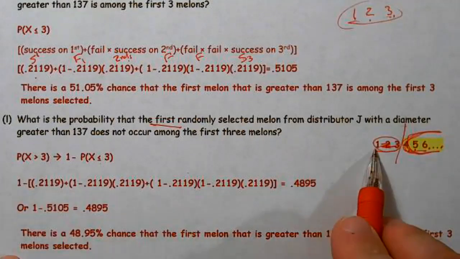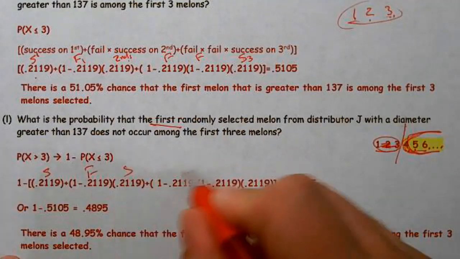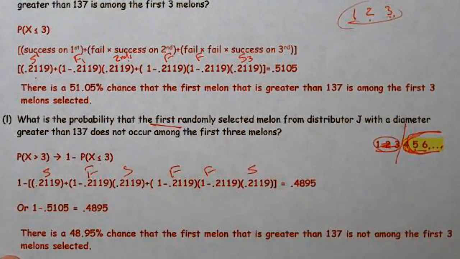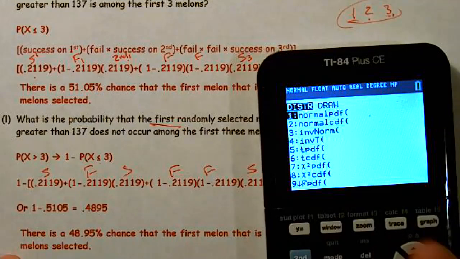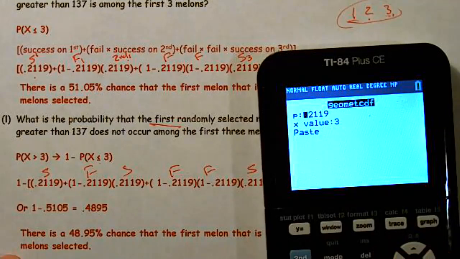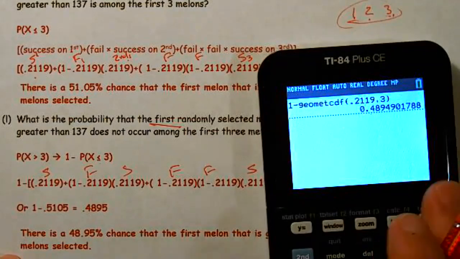Probability of success on the first one, or a fail then a success on the second, or a fail, fail, then a success on the third. I'm going to do this 2 different ways. 1 minus second vars, geometric CDF, and we get 0.4895.